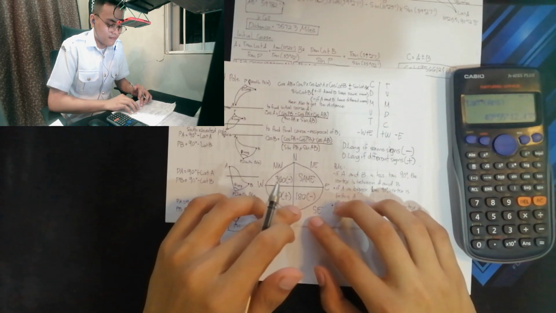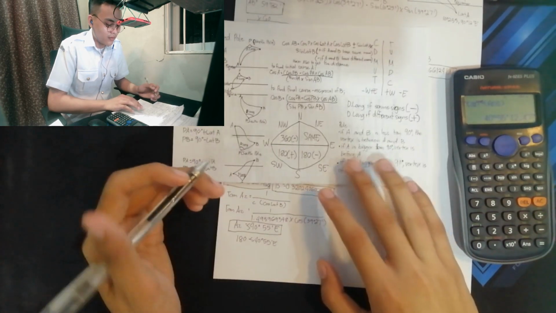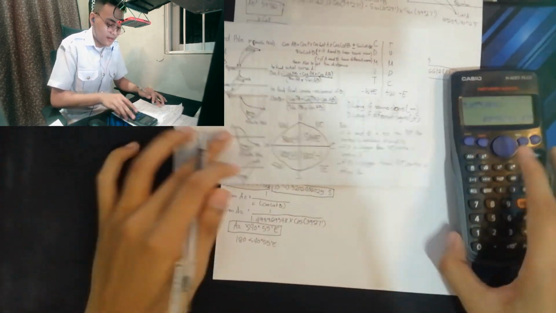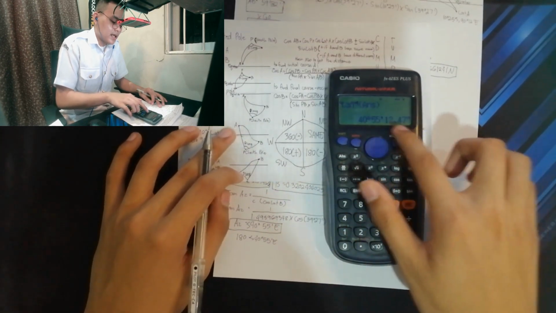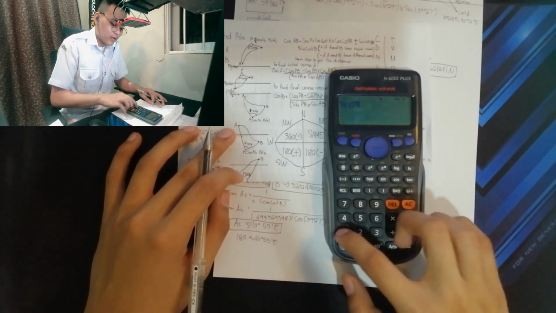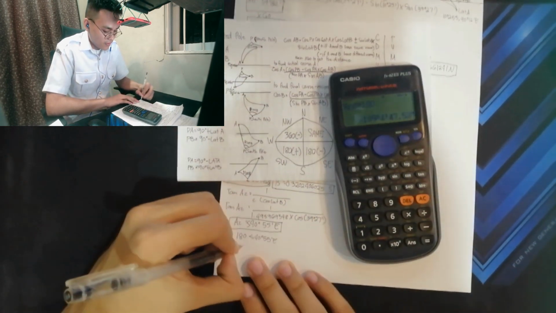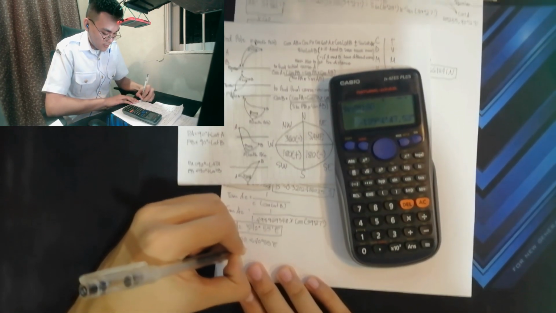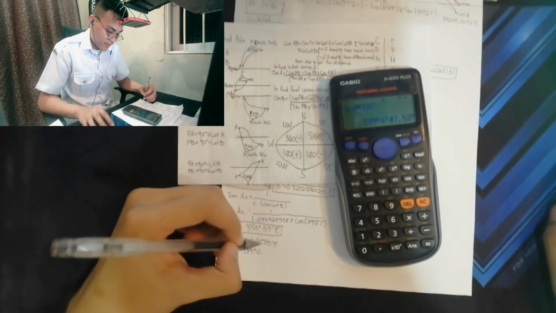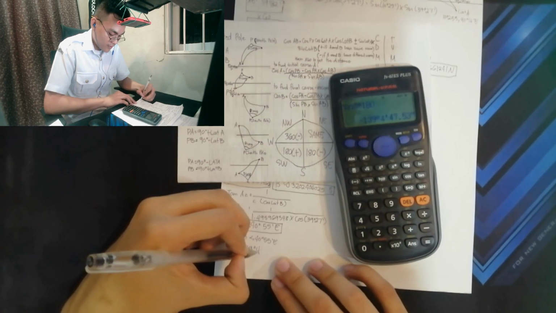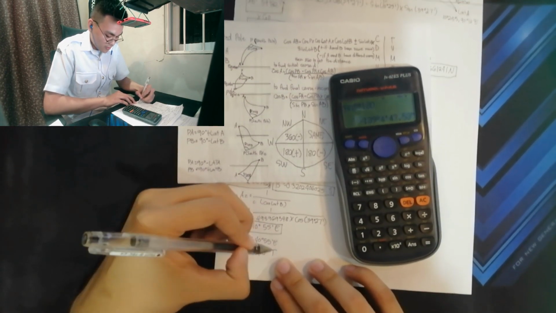Then southeast, if it lies to the second quadrant, you will minus it to 180. Just minus that one to 180. Then you get your true course of 139 degrees 4.8 minutes true.